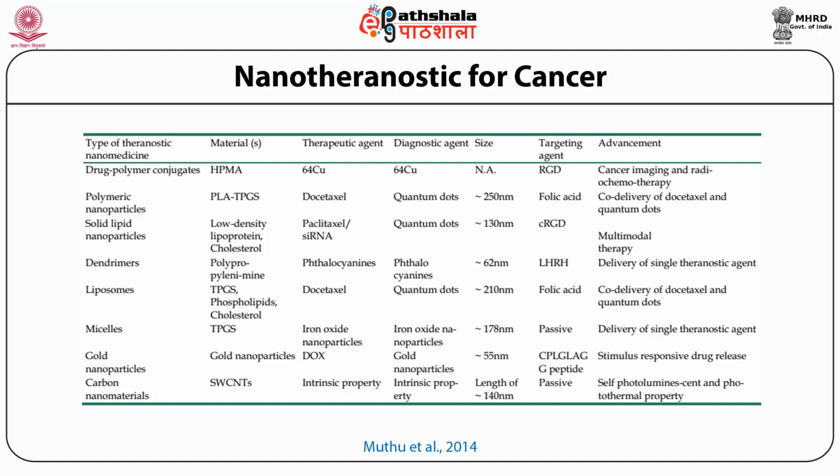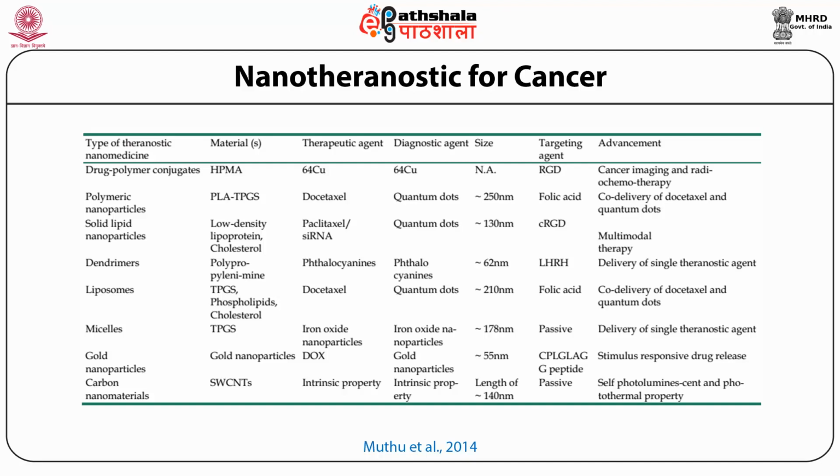The second is polymeric nanoparticles, that includes PLA-TPGS nanoparticles. The drug is docetaxel here, and the diagnostic agent is quantum dots, as well as in the third example with the solid lipid nanoparticles, where quantum dots have also been used. In the second and third, the targeting agent is folic acid and cyclic RGD peptide respectively.